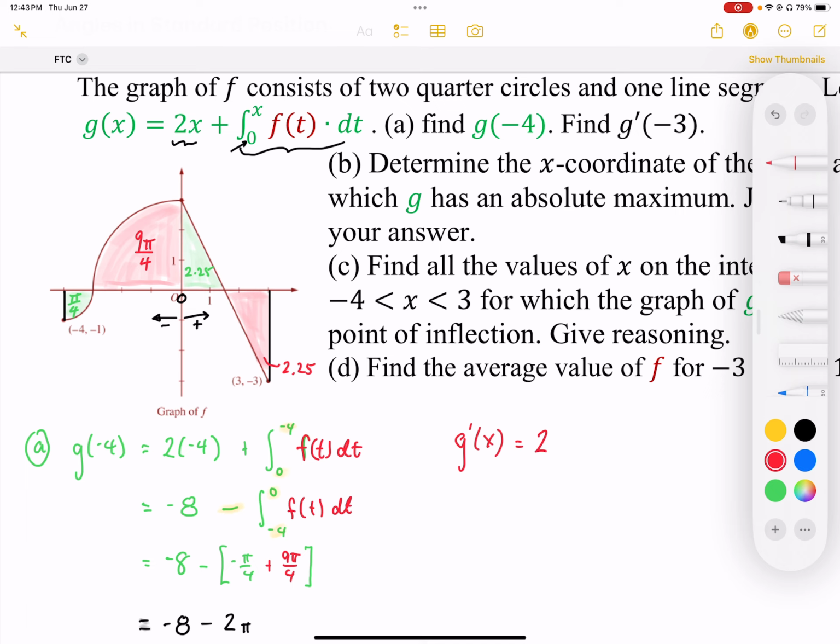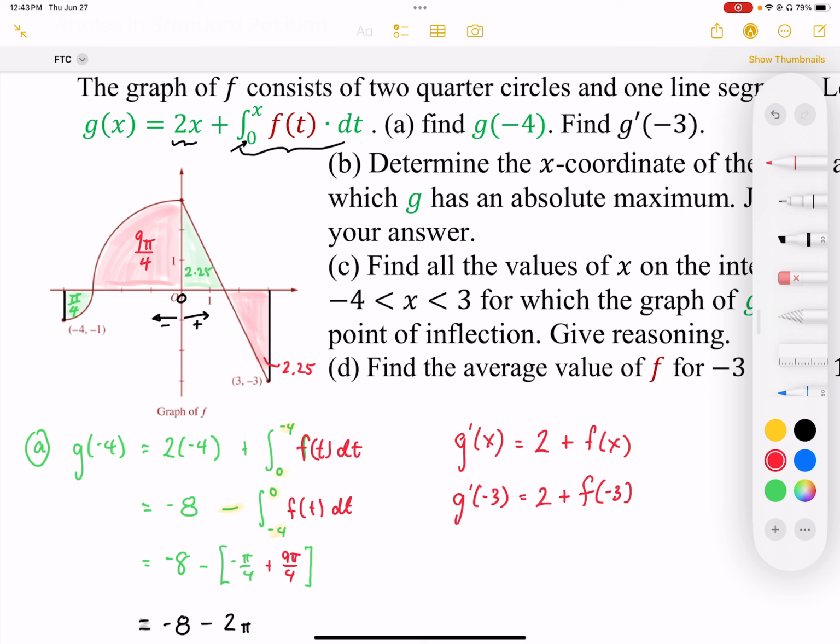So firstly, differentiating the 2x, I get 2 plus, well, the derivative of the integral, I'm going to apply the fundamental theorem of calculus, and I'm just going to end up with f of x. So that expression represents my slope function, or g prime. So g prime then at -3 is going to be 2 plus the f value at -3.